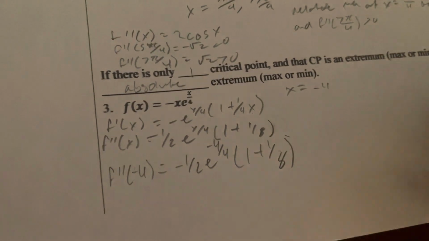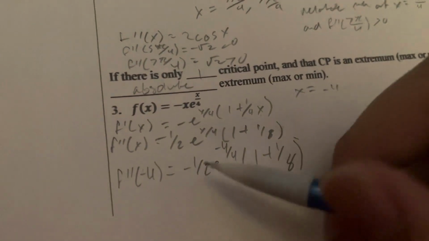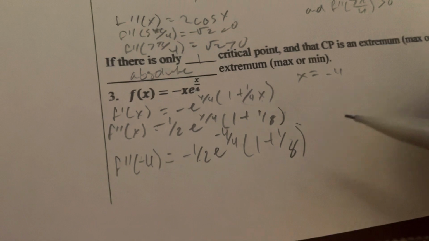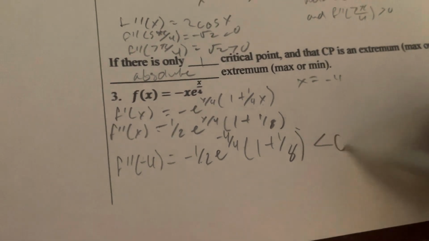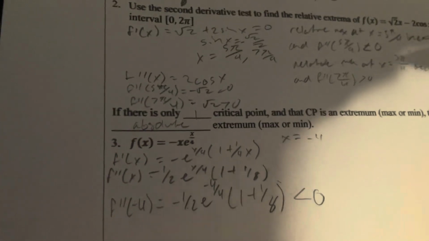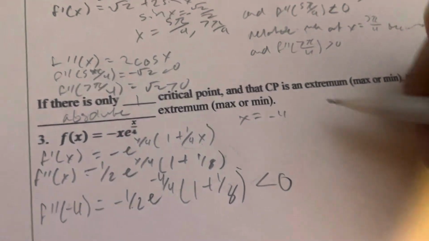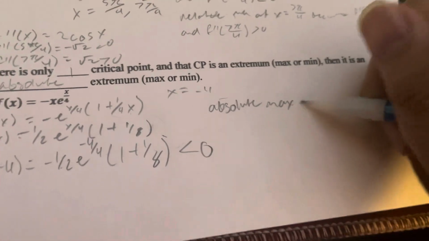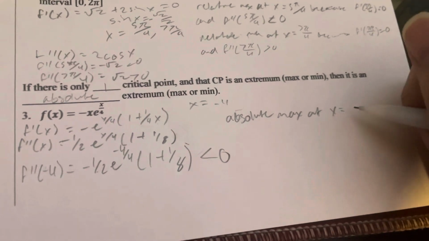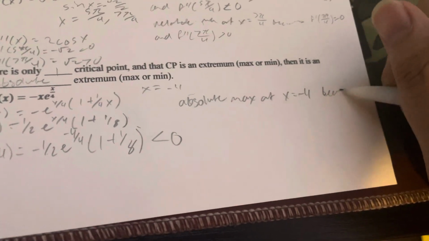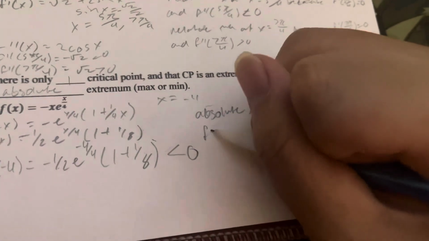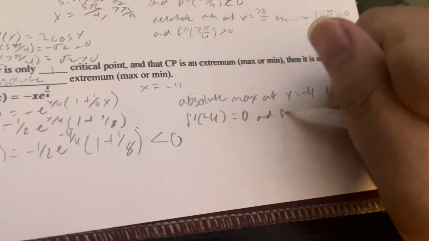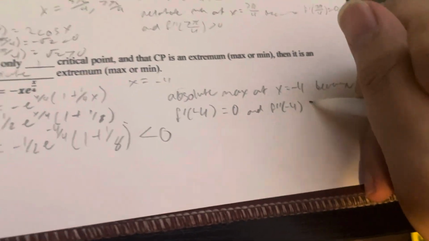We don't really need to solve what this actually is, because I can see that this will make a negative number, and this will be a positive number. So we multiply negative by positive, it's less than 0. That's all we really need to know. So I can already draw a conclusion: an absolute maximum at x equals negative 4 because f prime of negative 4 equals 0 and f double prime of negative 4 is less than 0.